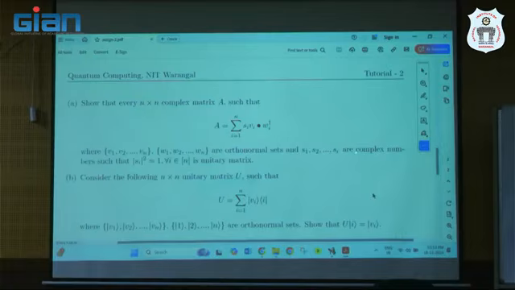So let us take, for simplicity, all these S's to be non-negative reals, but they are all ones.